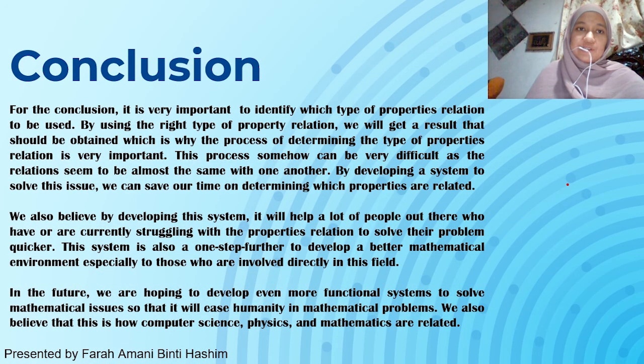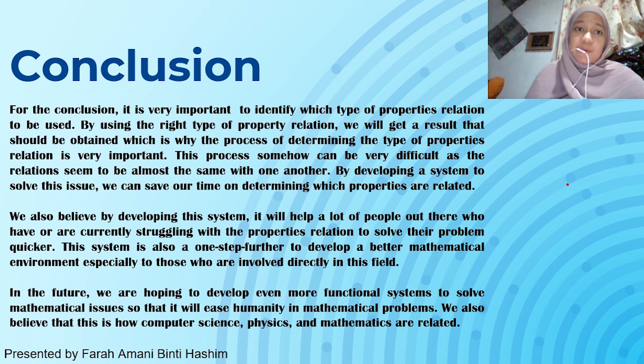For the conclusion, it is very important to identify which type of properties of relation to use. By using the right type of properties of relation, we will get the result that should be obtained, which is why the process of determining the type of properties of relation is very important.